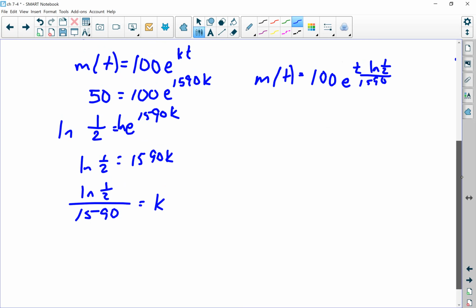Now, when I look at this, I think back to what we just said about exponential decay and how k is supposed to be negative. And k doesn't look negative to me.